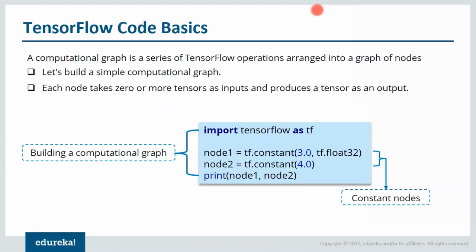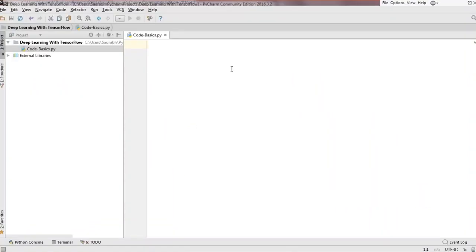Now I'll actually execute this in my PyCharm. So for that I'll open it. This is my PyCharm, guys, and I've already installed TensorFlow, and I'm telling you again that the installation guide for TensorFlow on Windows as well as Linux is present in your LMS. So just go through it, it's pretty easy. If you still have any doubts, you can contact our 24/7 support team. The first thing I need to do is import the TensorFlow library.